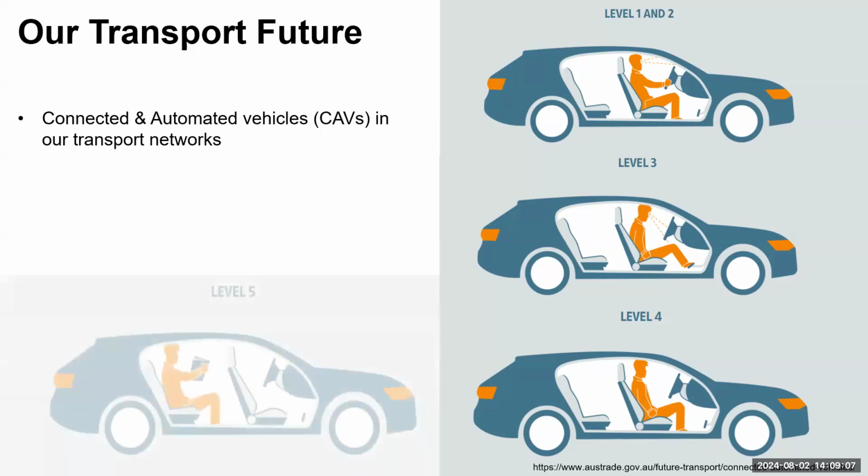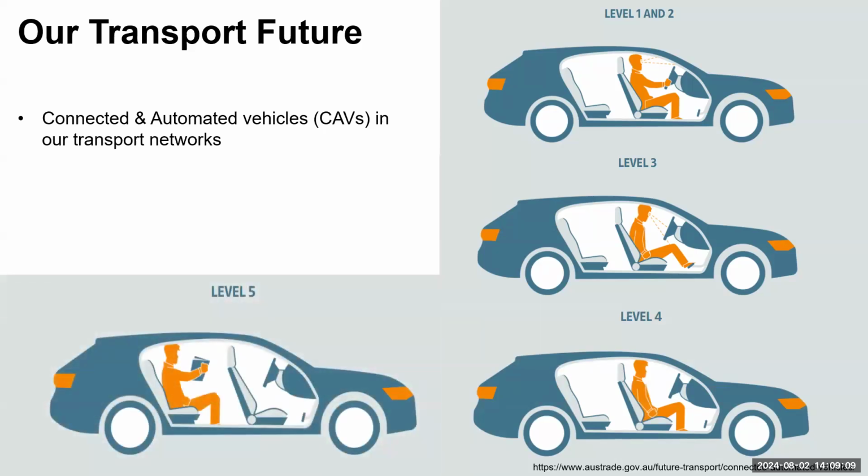So the way I started to look at it was: when we have these different levels of autonomous features in vehicles, how can we prepare the existing transport network so that we can embrace and welcome these autonomous features in our transport networks?